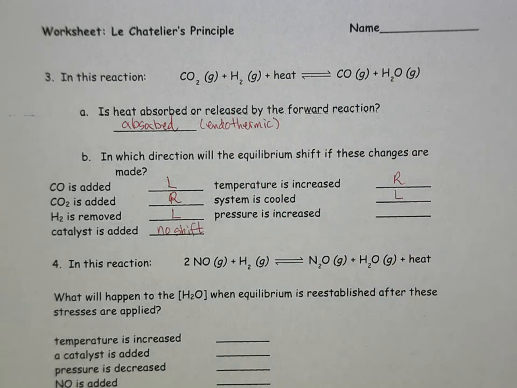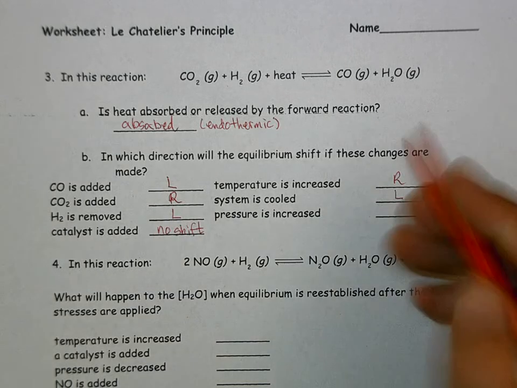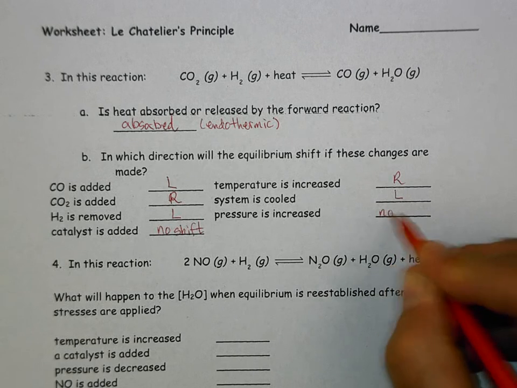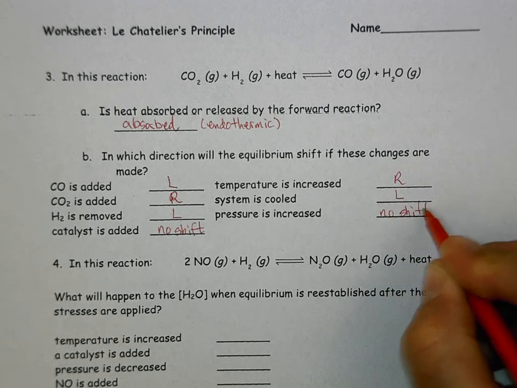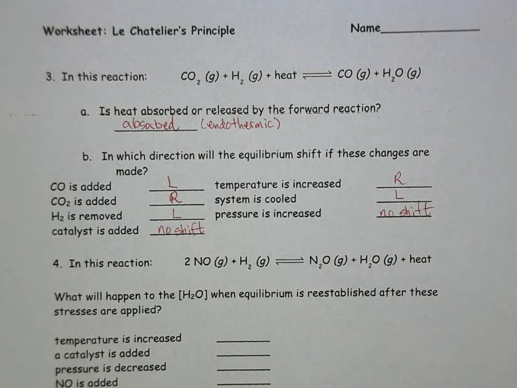If the moles are equal on both sides, there's nowhere to go to the smaller side. We have a no shift. Okay? So there's actually 2 different ways we can have no shift. Adding a catalyst or the number of moles on both sides is the same.